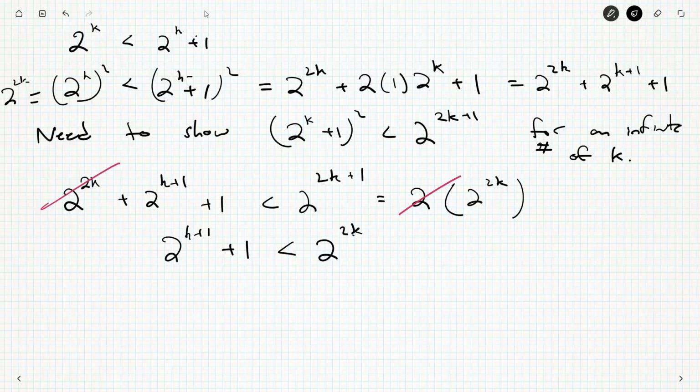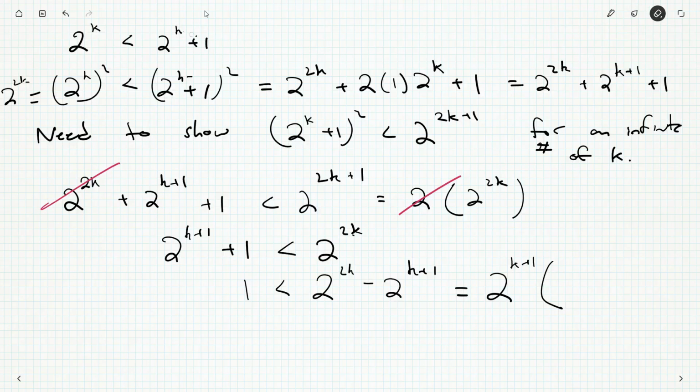Okay. So I need to show that 1 is less than 2^(2k) minus 2^(k+1). I can take out a factor of 2^k here, and I'll be left with 2^k minus 2.